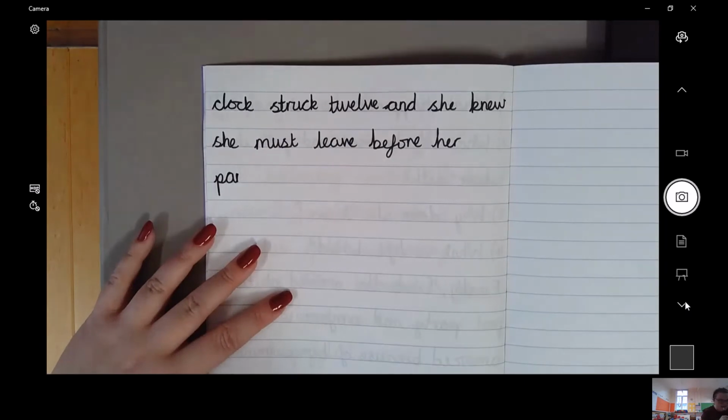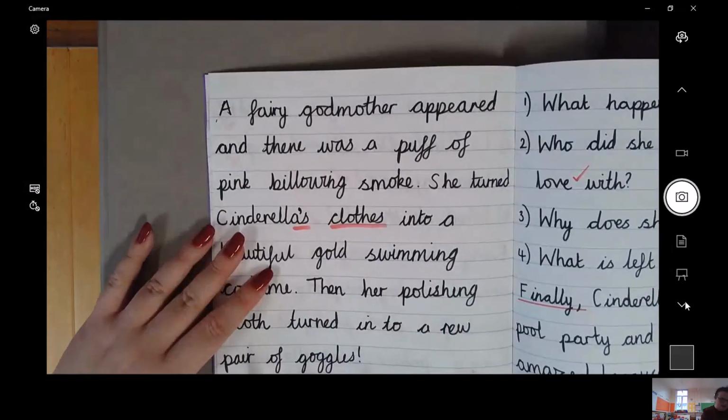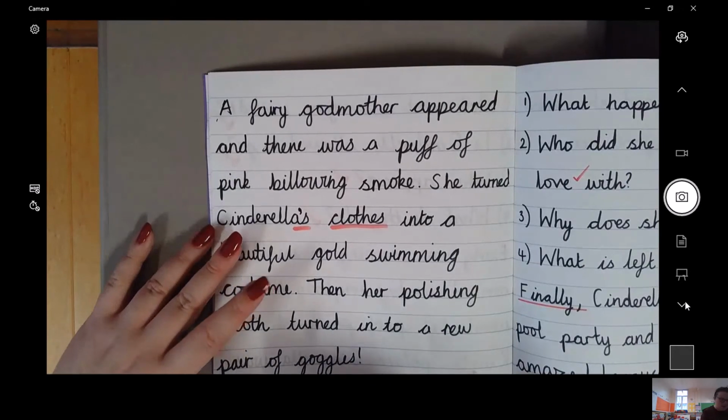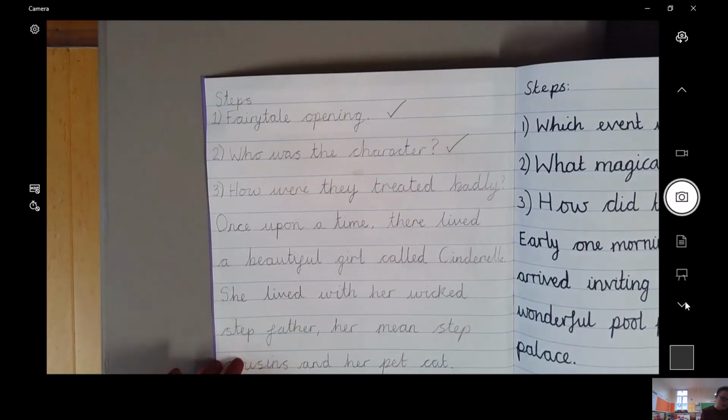Well, it's not her parents, is it? Who did I say? I need to check back in my text. She said wicked stepfather and mean stepcousins.